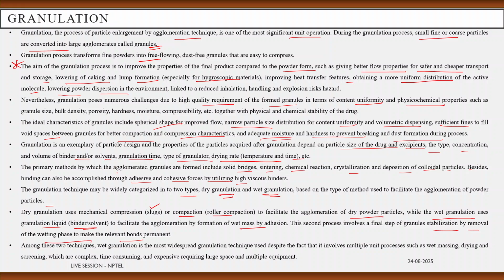Among these two techniques, wet granulation is most widely accepted despite the fact that it involves multiple unit processes such as wet massing, drying or screening, which is more complex and time consuming and expensive as well. But still, we follow wet granulation because it is more effective than the dry granulation process.